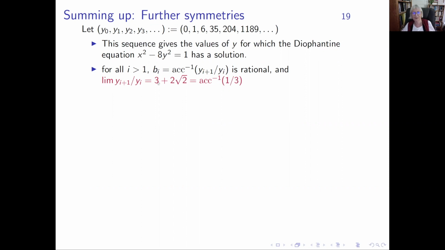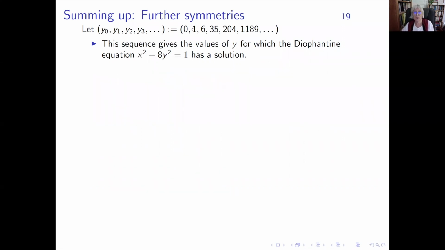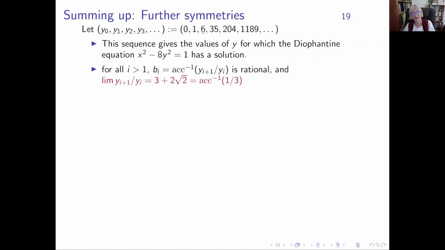This point here is a limit point of a recursion, and it's actually the limit of y_{i+1} over y_i. So, the ratios 35/6, 204/35, that's a sequence of numbers which starts at infinity. If you take 1 over 0, that's infinity, and then you get 6, and then you get these ratios here, and it converges to the special point, the accumulation point of a third.